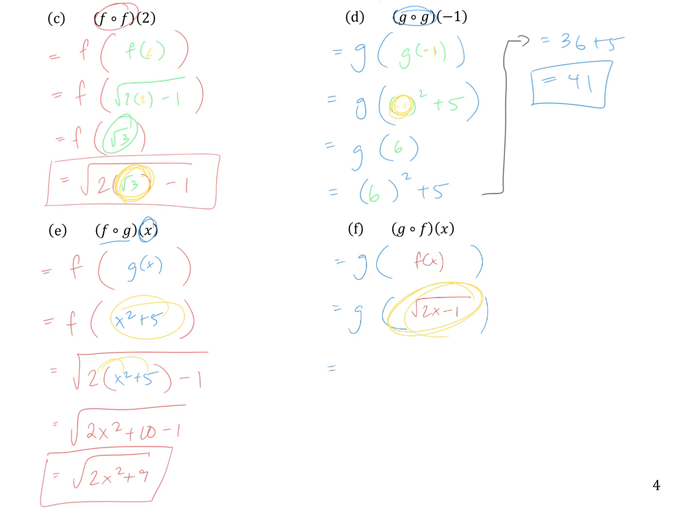So again, my g function is x squared plus 5. So my input squared plus 5. My input this time is f of x, which is the square root of 2x minus 1. Now that square root will cancel with the square. And I'm left with 2x minus 1 plus 5. Then I can simplify the negative 1 plus 5, and that becomes 2x plus 4. Alrighty, and I am done.